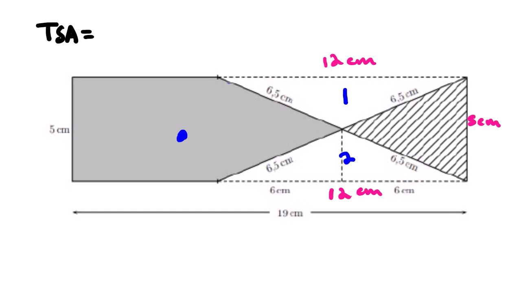I'm going to use this color for blue, this color for pink, this color for red, and this one for yellow. So the surface area is equal to the area of the shaded part or the blue part, plus the area of the pink part, plus the area of the red part, plus the area of the yellow part.